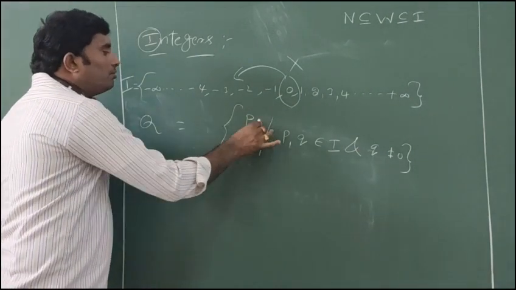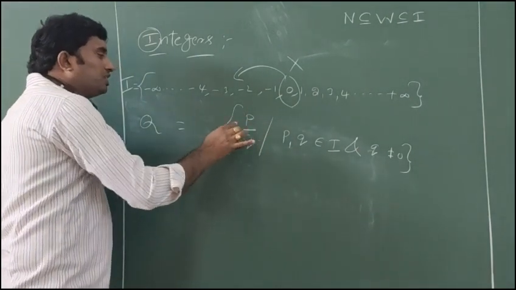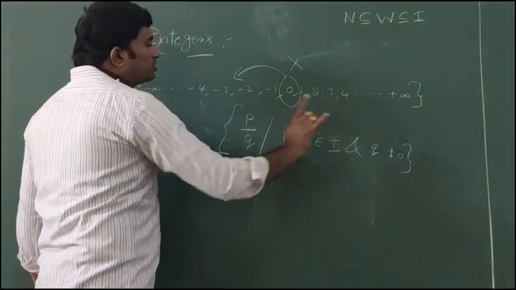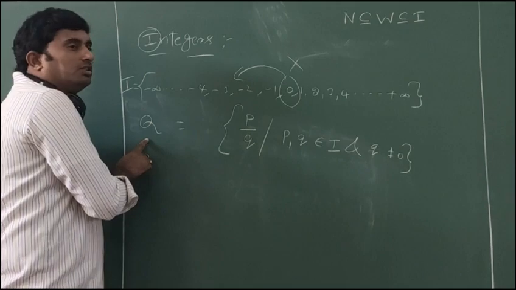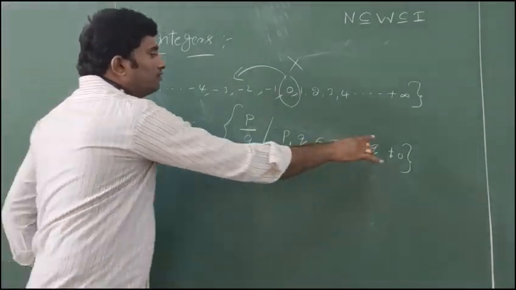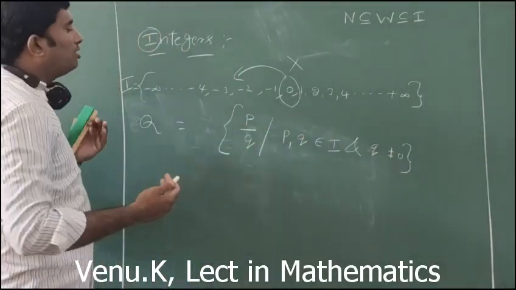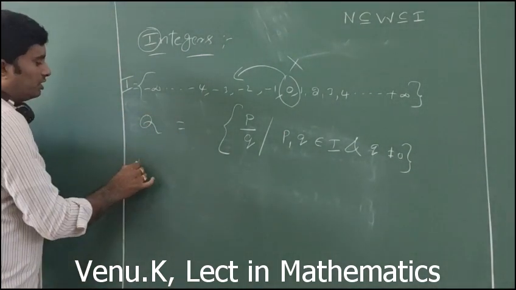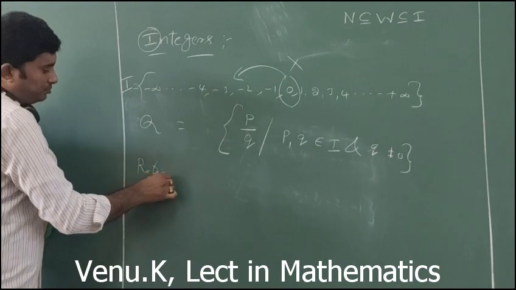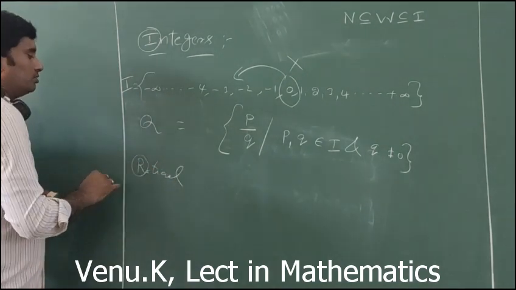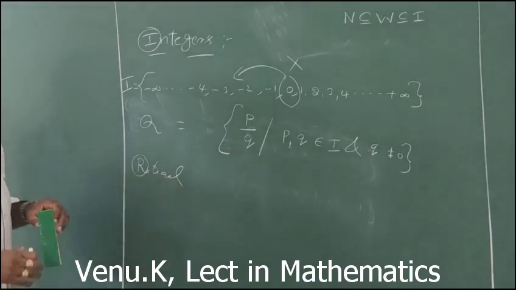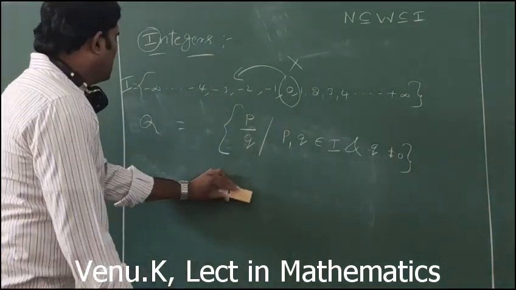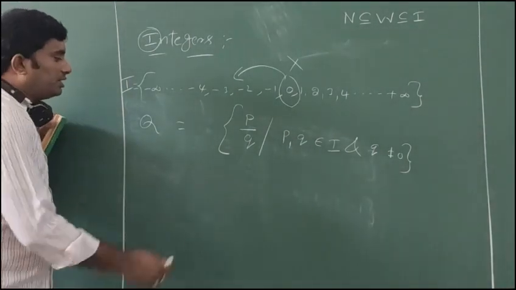So if a number is of the form P by Q, where the numerator and denominator are both integers and the denominator is not 0, then that number is called a rational number. The collection of all those numbers is called the rational number set, which is denoted by capital Q. The first letter would be R, but capital R is the real number set. That is why we use capital Q to denote the rational number set. Example.